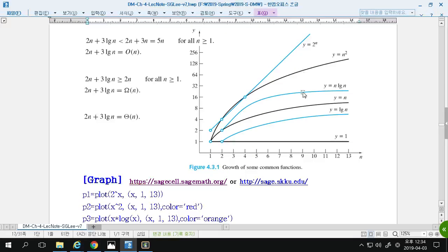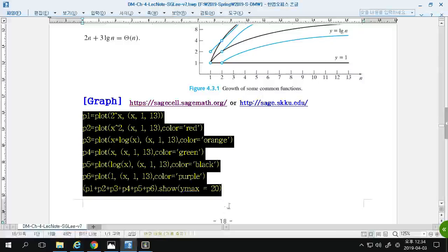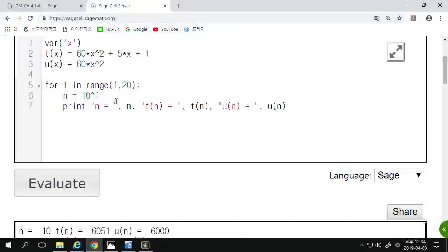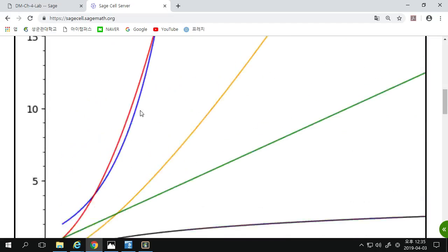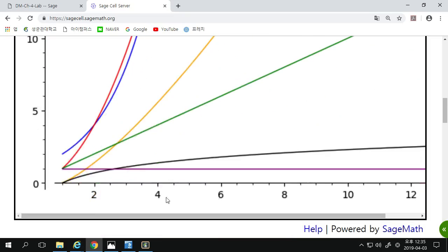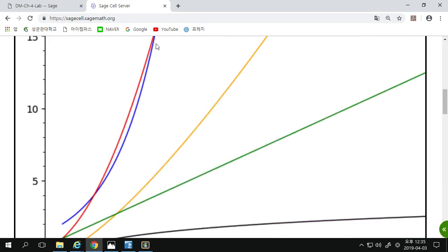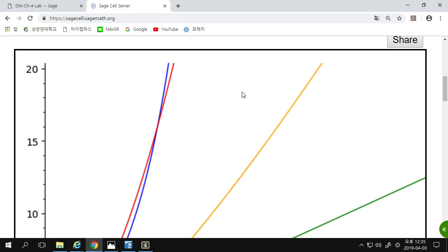We can draw the graph to check whether it is really true. P1 is this equation, P2 is this, P3 is this x times log x, and this log x from 1 to 13. You can draw the picture. After a certain point, after a certain integer, at the earliest, when n is equal to 1 or 2, there could be a difference. But when n is big enough, then you will see clearly which one is the upper bound and which one is the lower bound.